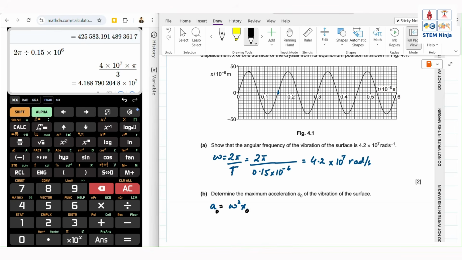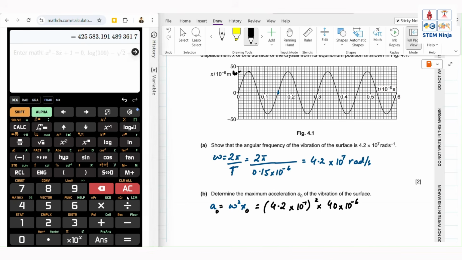50 is distributed between 10 small boxes, so this would mean 5 each. So this is 40. Omega squared is (4.2 × 10^7) squared times 40 × 10^-6.